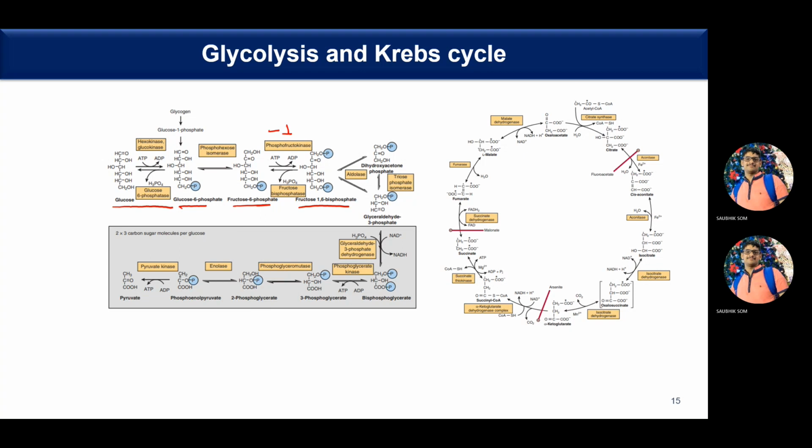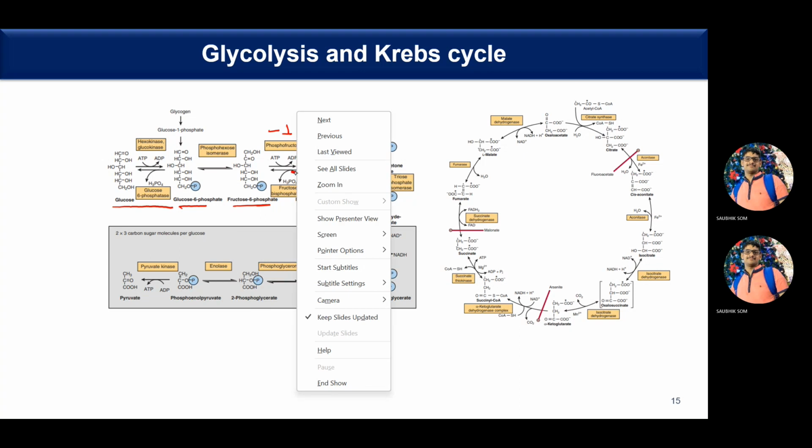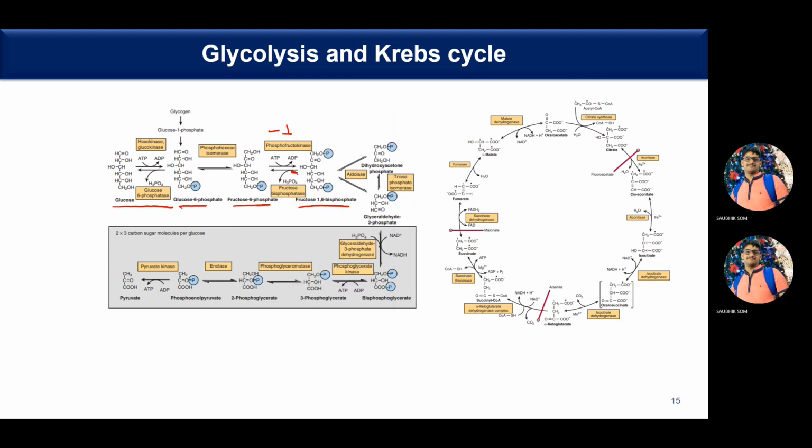Then fructose 1,6-bisphosphate will be divided by aldolase. It will be cut from between, and it will form dihydroxyacetone phosphate, which is this one, the same as dihydroxyacetone but with a phosphate instead of the OH, and glyceraldehyde 3-phosphate.